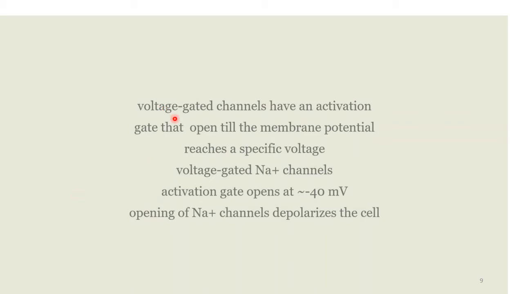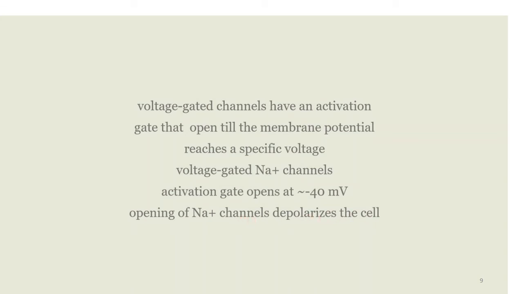The point to be noted is that the voltage gated channels have an activation gate and open until the membrane potential reaches a specific voltage. At the specific voltage, that is minus 40 millivolt, the sodium channels open, which depolarizes the cell.